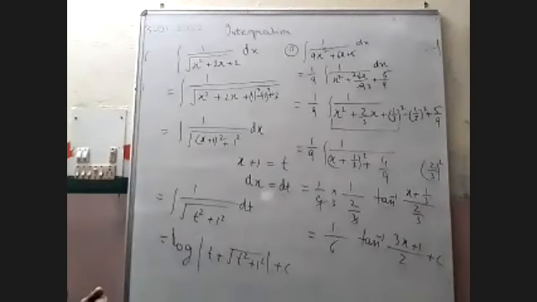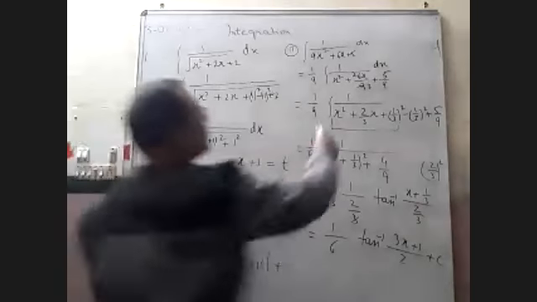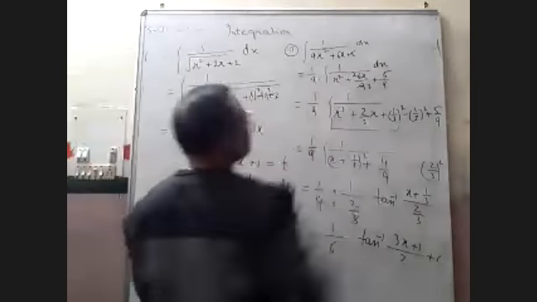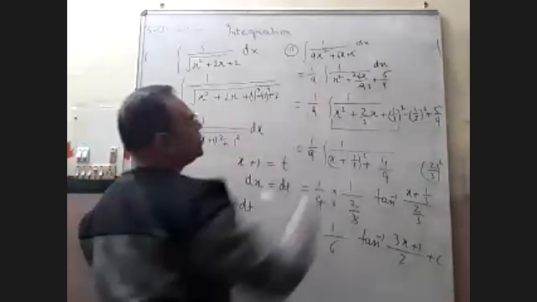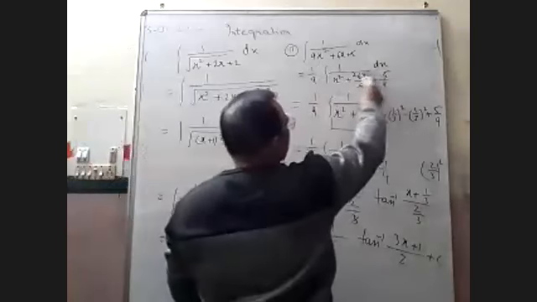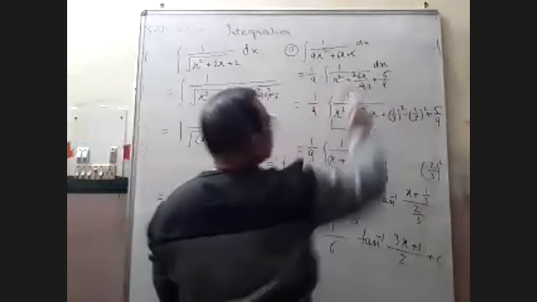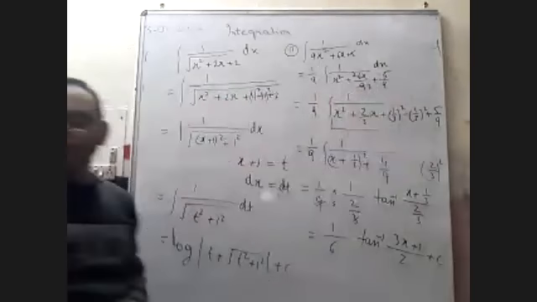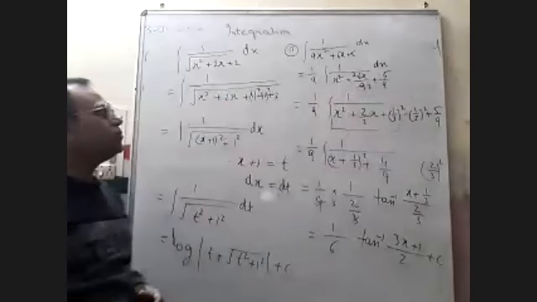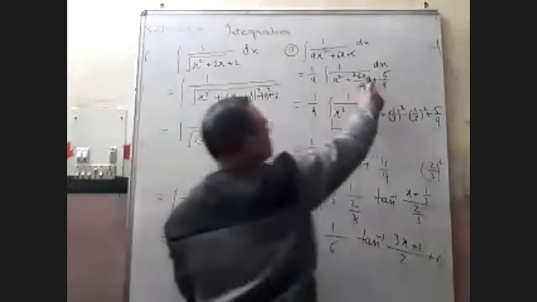Now, if there is something, we just take it common. What is the coefficient there? 9. So first of all, we have taken the 9 as common. After getting 9 common, we get these expressions. After these expressions, we have to convert it to a whole square term. So for converting to the whole square term, we divide the coefficient of x by 2.